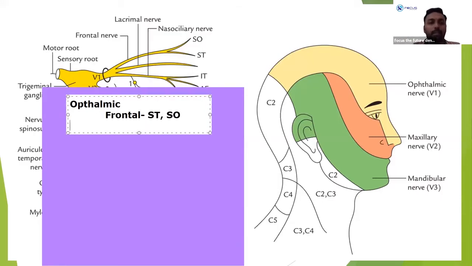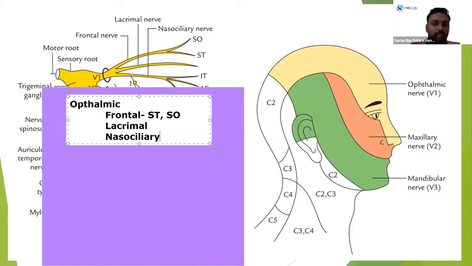Okay. There is also a nerve by name lacrimal, then nasociliary. So these are the branches of your ophthalmic nerve.